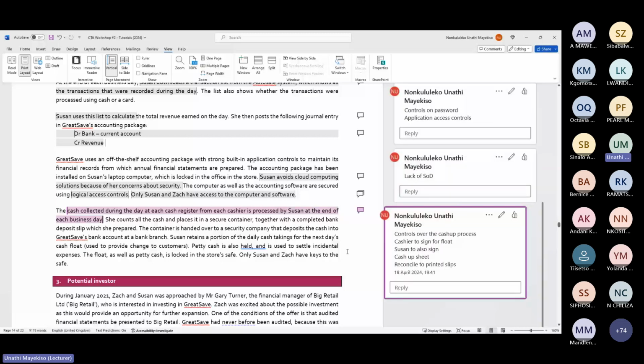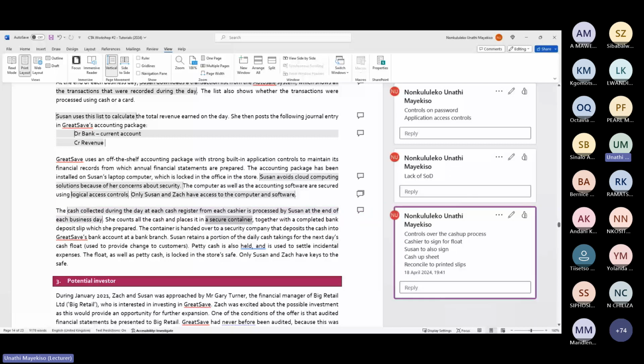I'm seeing that she counts the cash and then she places it in a secure container. Is it a lunch box? I know cash to be put in a drop box. There's a specific box that is used for cash, especially when it's going to be given to a security company, right? Safe.